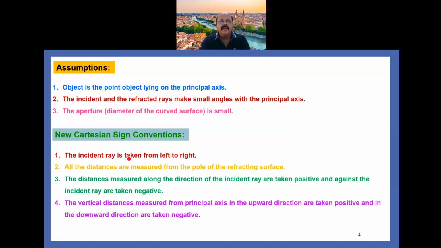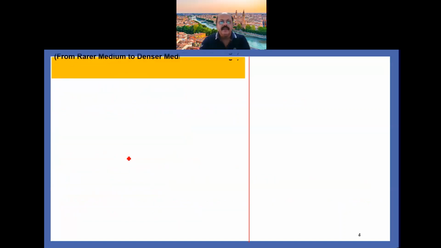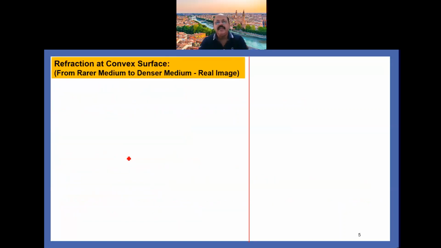Fourth one, the vertical distances measured from principal axis in the upward direction are taken as positive and in the downward direction are taken as negative.